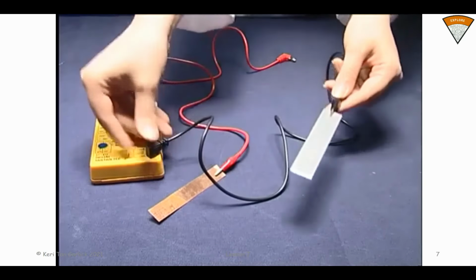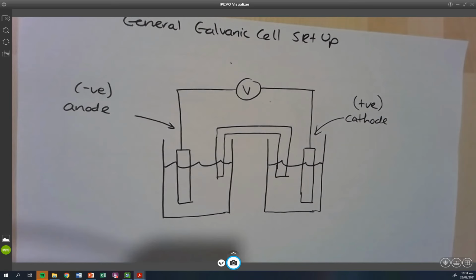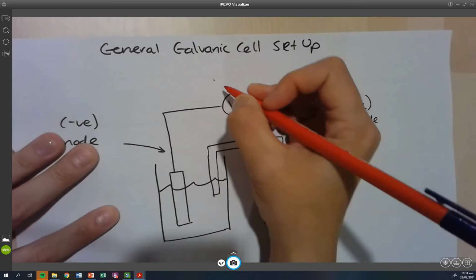In this case, I have drawn a voltmeter. What that voltmeter is trying to indicate is that we have a spontaneous reaction that is producing voltage. You don't need to draw the voltmeter there. I have drawn it to help you remember that this is a spontaneous reaction.